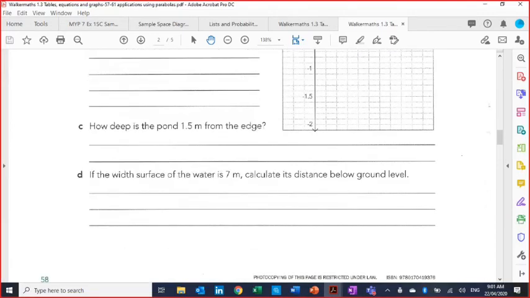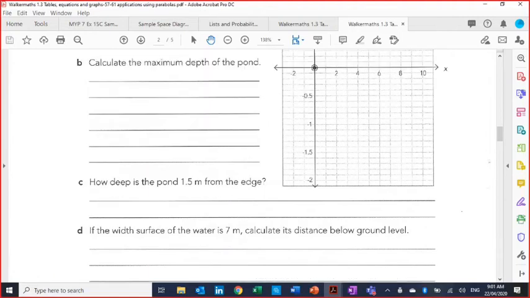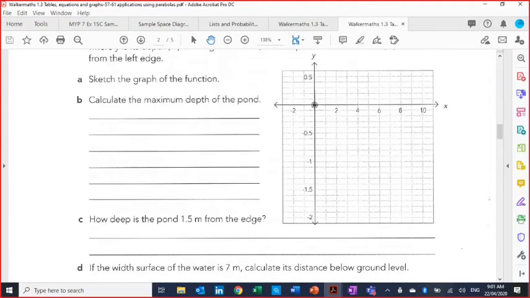If the width of the surface water is 7 meters, calculate its distance below ground level. Well, if it's 7 meters, that means that some of this, because remember this was going from 0 to 8, right? If it's 7 meters, that means that half a meter is taken up with like coping or edging or something like that.